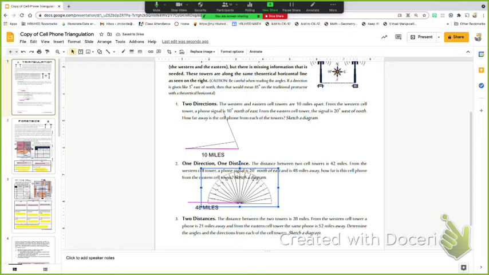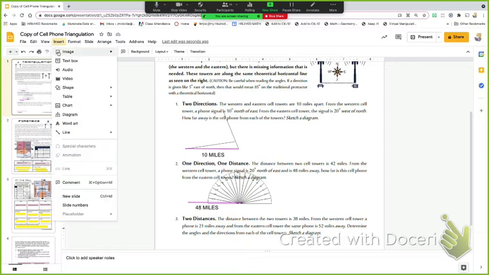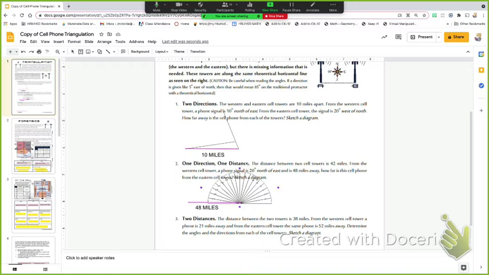Okay, so a 100 degree angle, this would be 90, and then I'd have to go 10 more. So a 100 degree angle would be right here. So I'm going to insert a line, and I'm going to draw it through my 100 degree angle right here. We have to have an obtuse angle right there. That's about right.